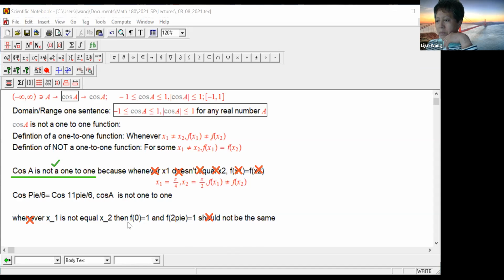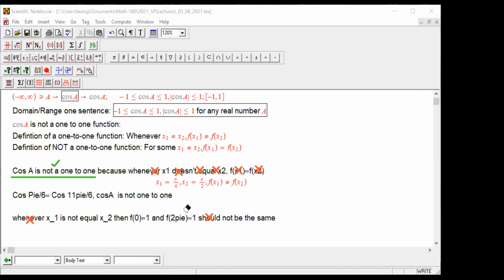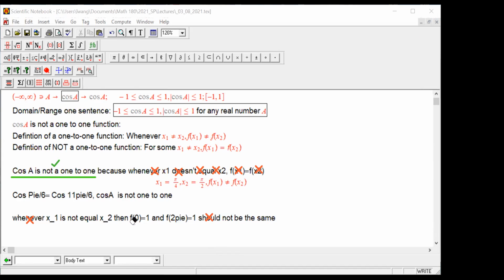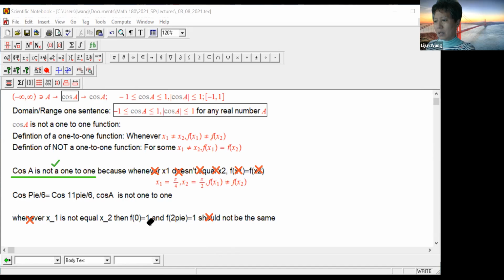What do you mean? What are not the same? Instead of using should not be the same, are you talking about the inputs are not the same, or the outputs are the same? For the output, we should put are not the same instead of should. In this case, I'd be confused, right? You tell me f of 0 equals 1 for cosine, which is true. I agree with you.